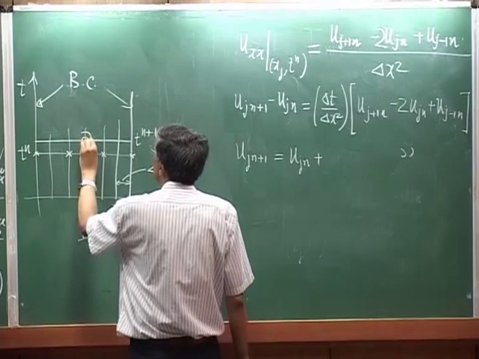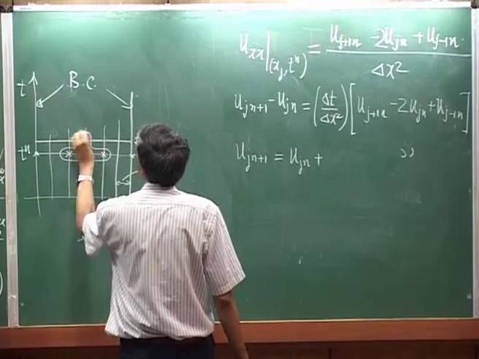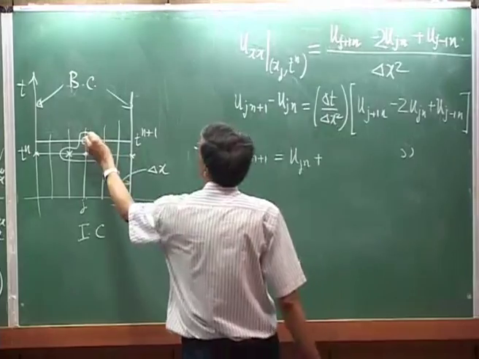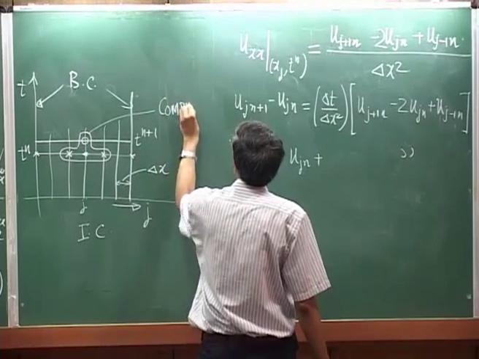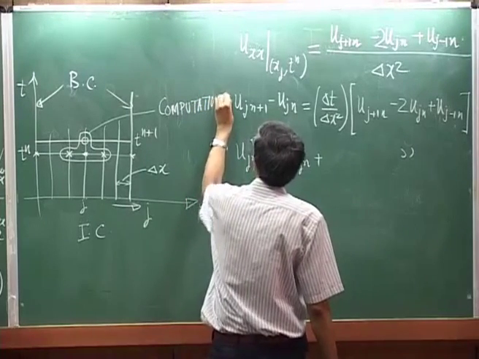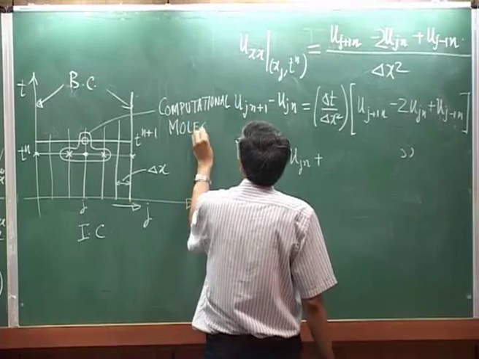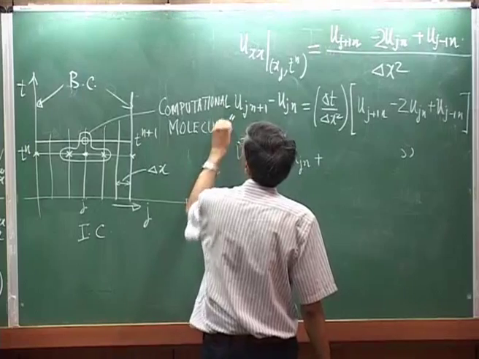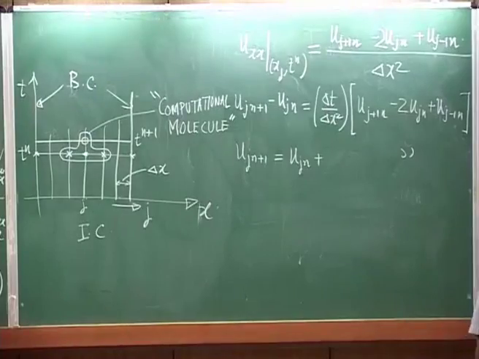In the finite difference method, you work out what we call the computational molecule. So, this is your computational molecule. What does the computational molecule suggest to you? How is the information propagating?